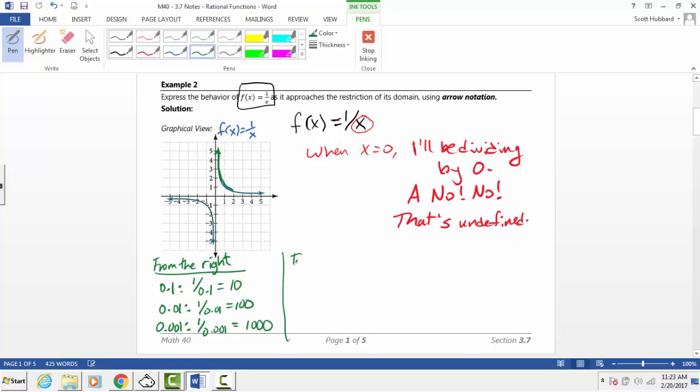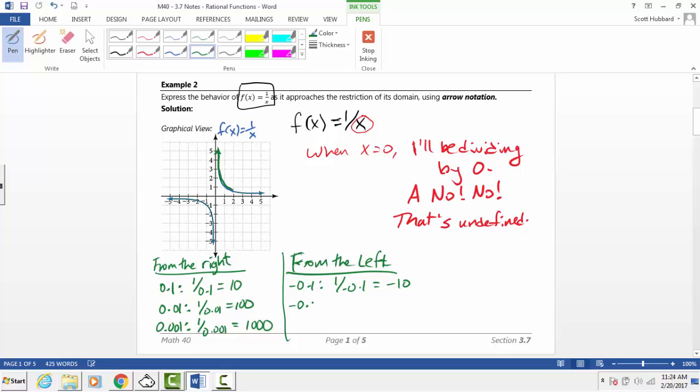What about from the left? Well, from the left it does the same thing, but as negative. So I want to approach 0 from the left, and so that would be like negative 0.1. That would be 1 divided by negative 0.1, which goes to negative 10.